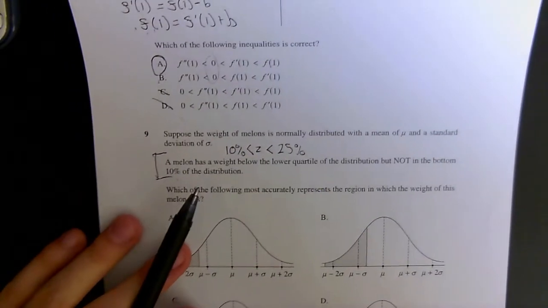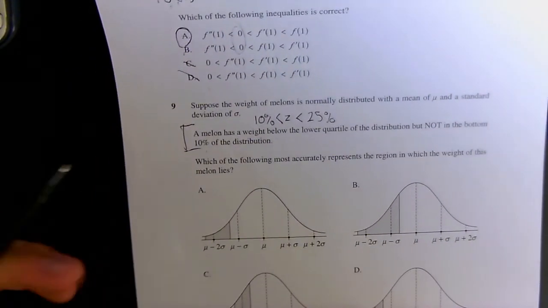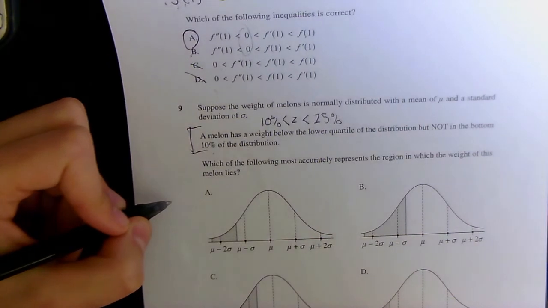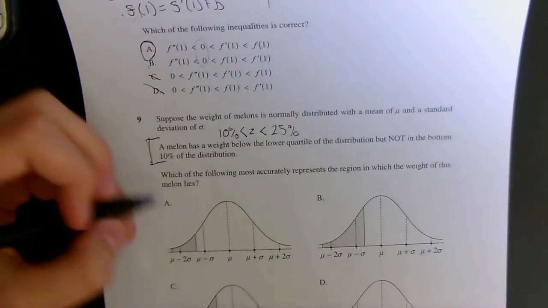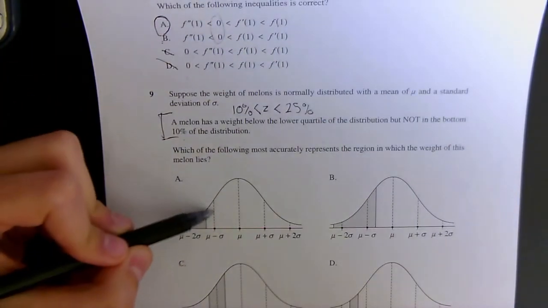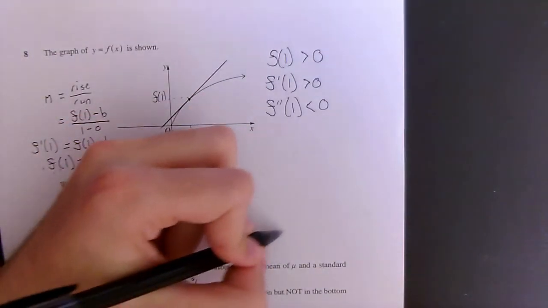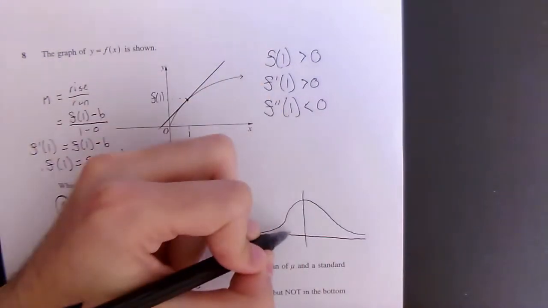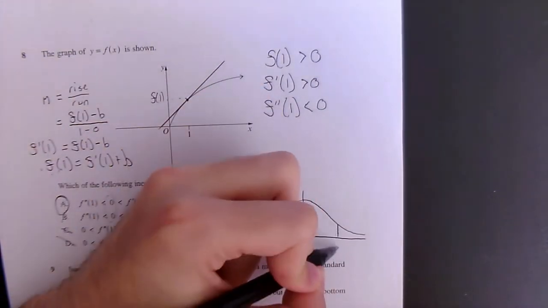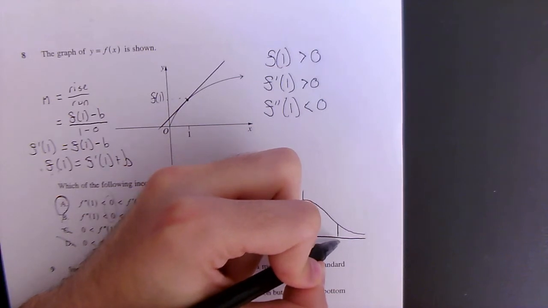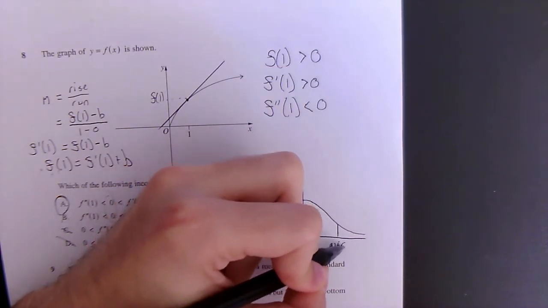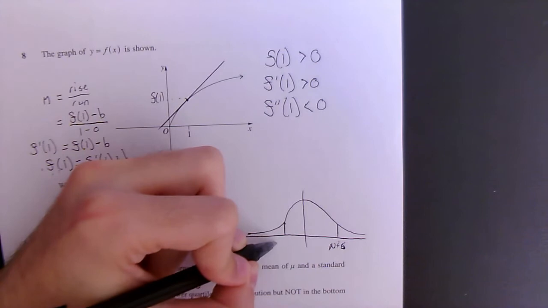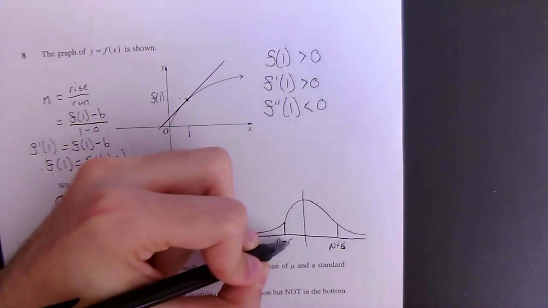And we need to remember the 68, 95, and 99 rule. So when we're one standard deviation away from the mean, I'm going to do it up here. When we have something like this, and we have one standard deviation away from the mean, so mu plus sigma, and this is mu minus sigma.